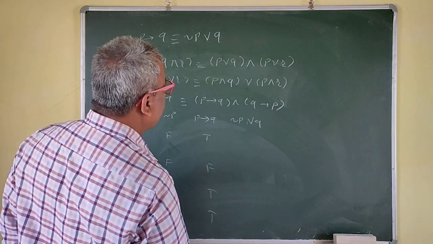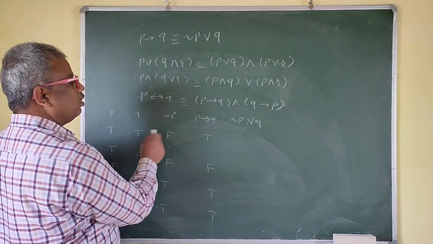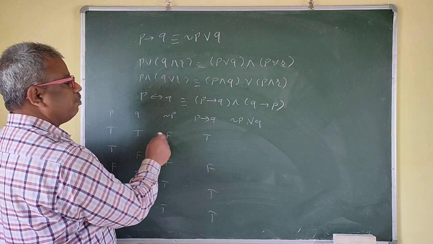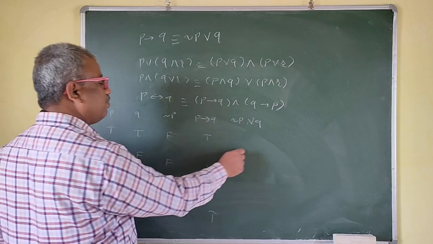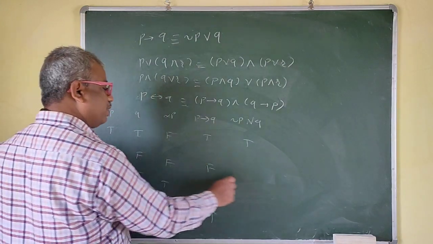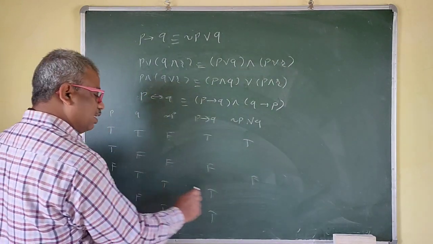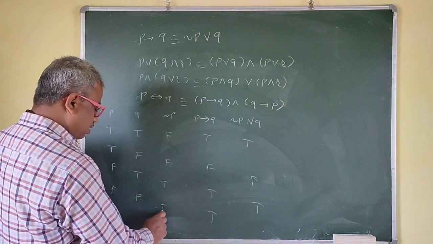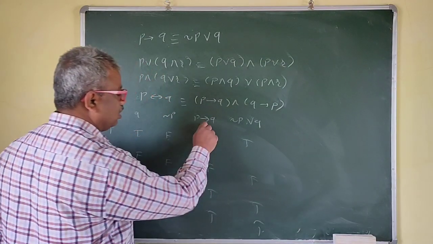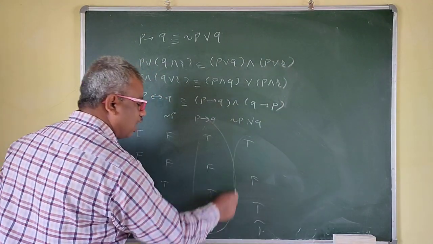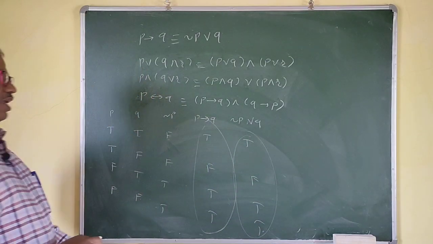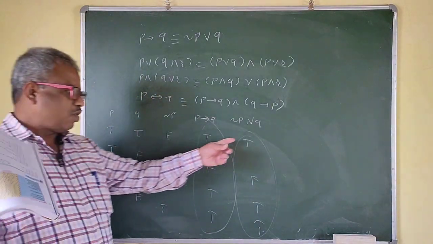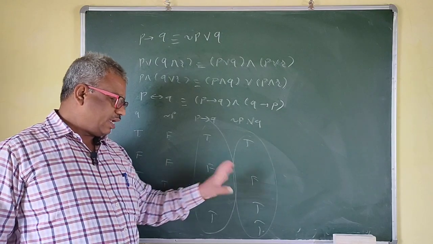Then negation P or Q. F or T is T. F or F is F. T or T is T. And T or F is T. Now see, these two columns are identical, right? The corresponding entries in these two columns are identical.